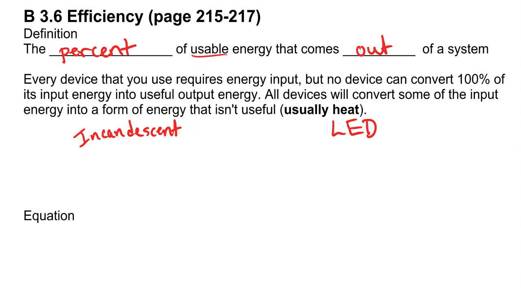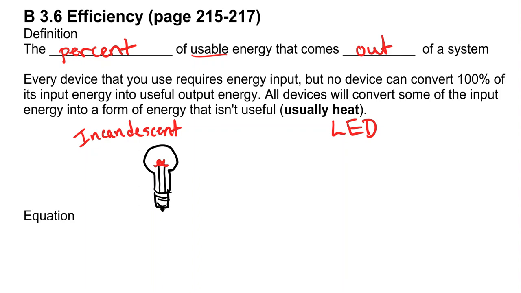So we could take a look at the incandescent light bulb. You've seen it before. That's an incandescent light bulb. Now, it's got two electrodes inside of it, and the electrodes are connected by a piece of tungsten, and we call that the element inside.